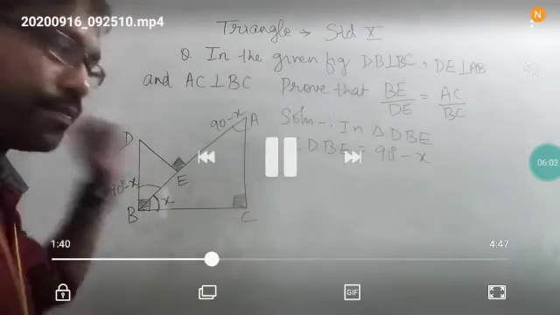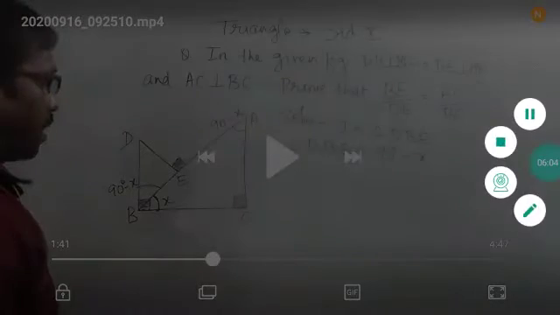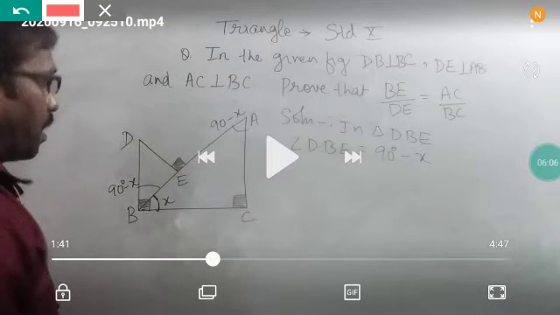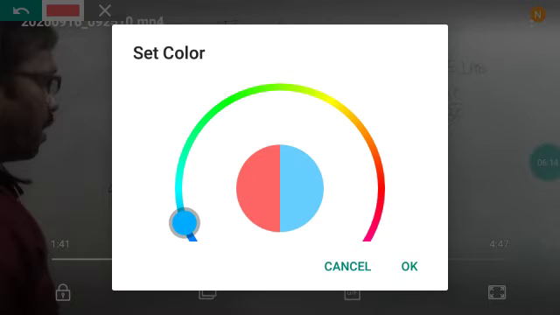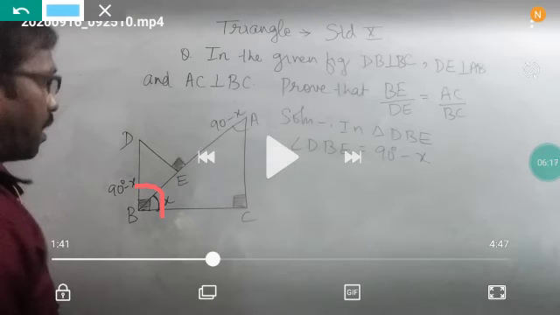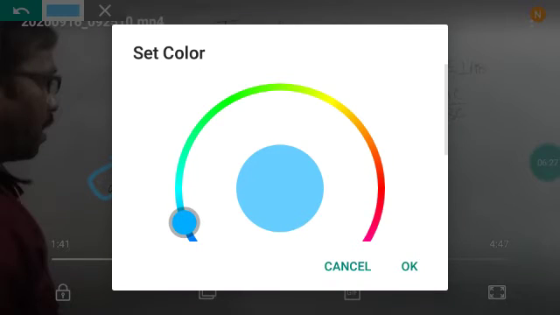Why is this equal to 90 minus x? Because see here, this angle is 90 degrees, and from that angle, if I subtract this particular angle which is x here, then this angle is 90 minus x only, no? That's why I have written 90 minus x here.